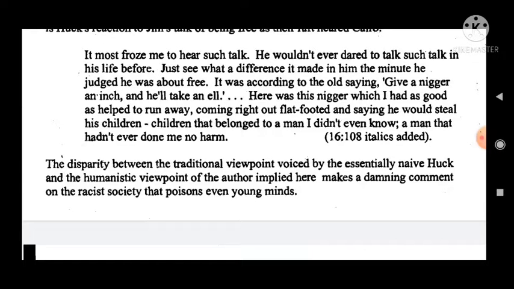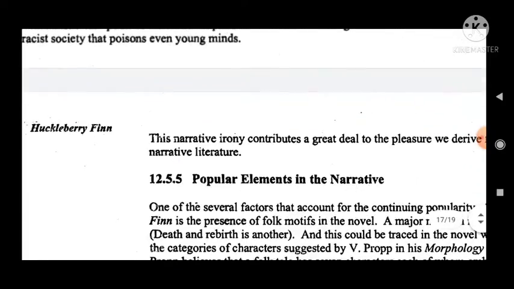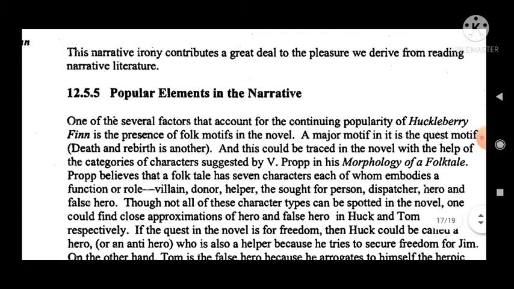The disparity between the traditional viewpoint voiced by the essentially naive Huck and the humanistic viewpoint of the author implied here makes a damning comment on the racist society that poisons even young minds. This narrative irony contributes a great deal to the pleasure we derive from reading narrative literature.